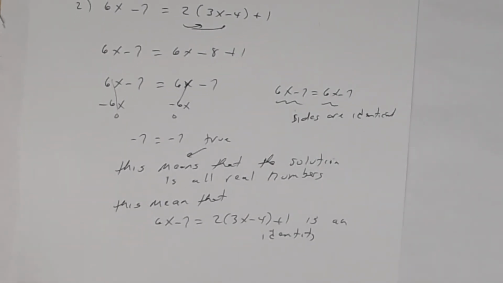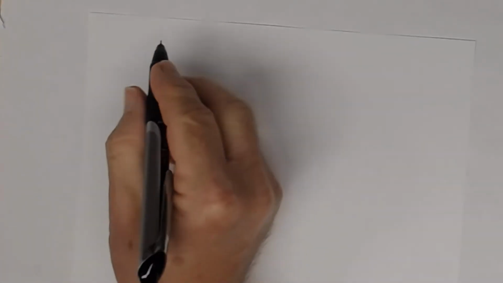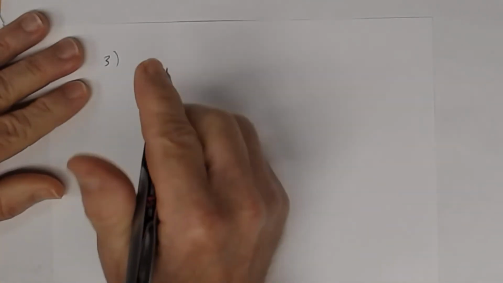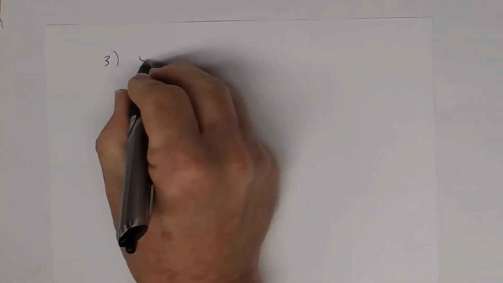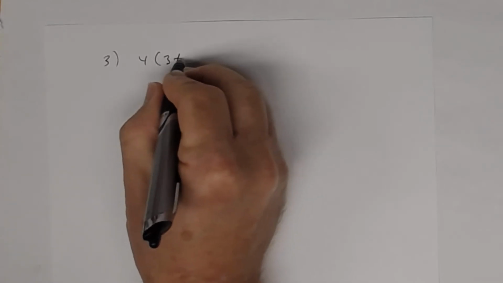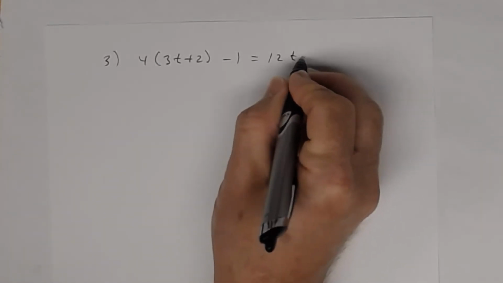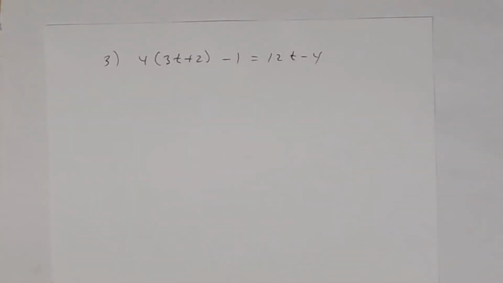So number 3, we have 4 times 3t plus 2 minus 1 equals 12t minus 4.